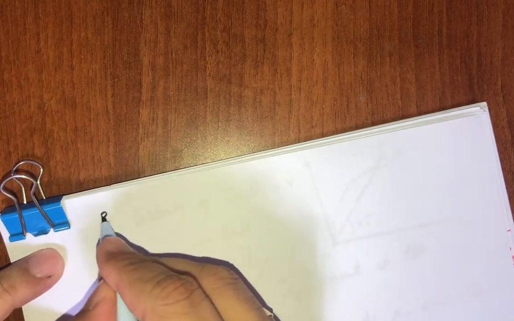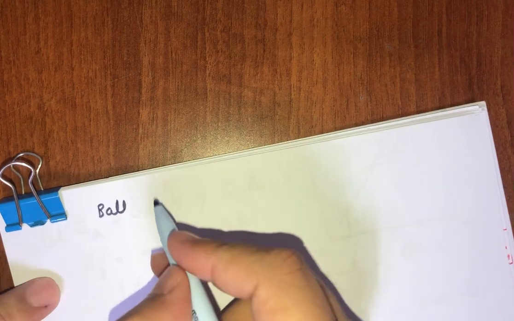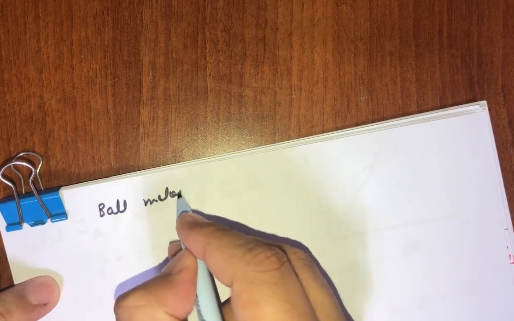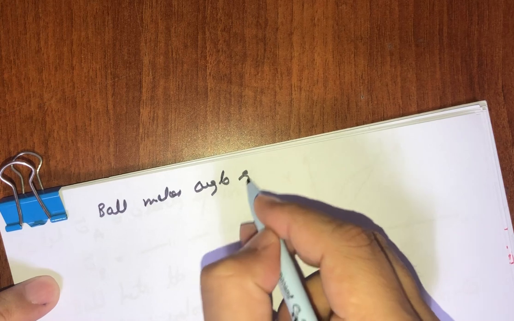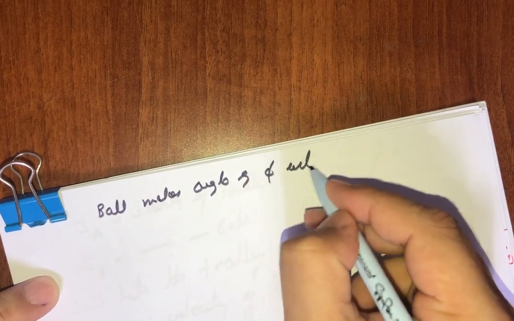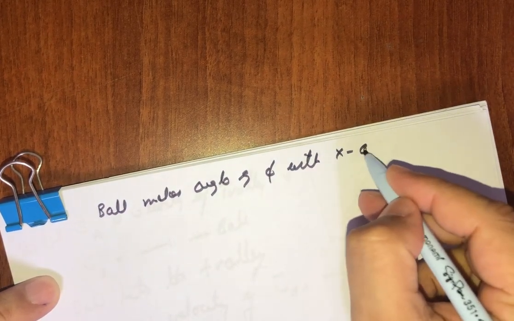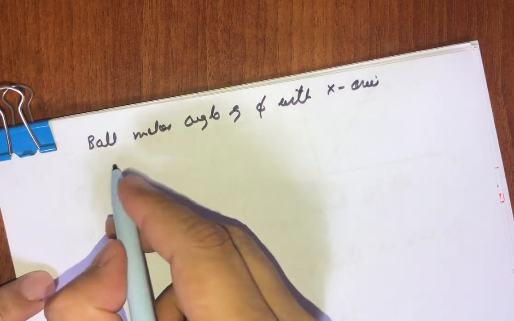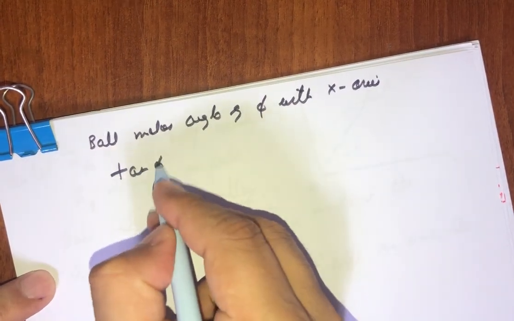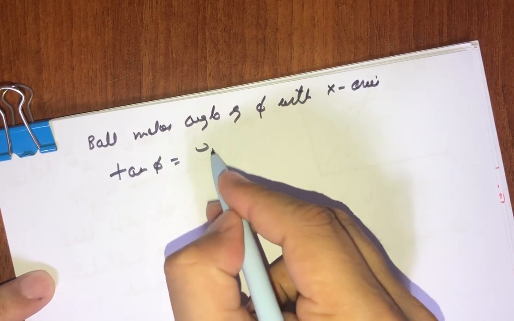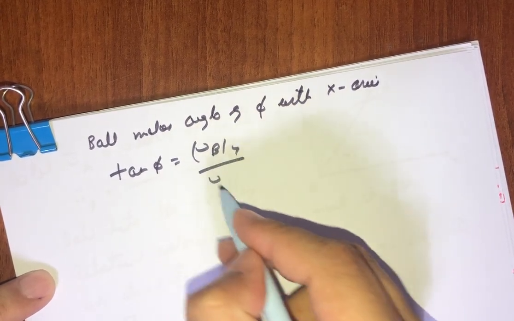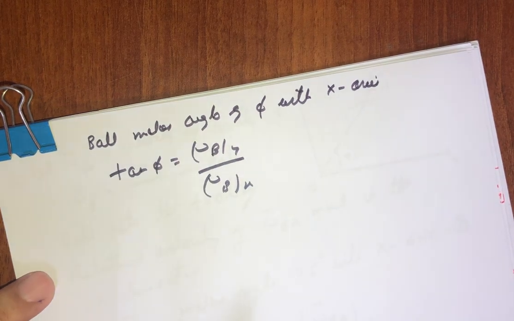Now it is also given that the ball makes an angle of phi with the x-axis. So we can write tangent of phi is equal to VBy divided by VBx.